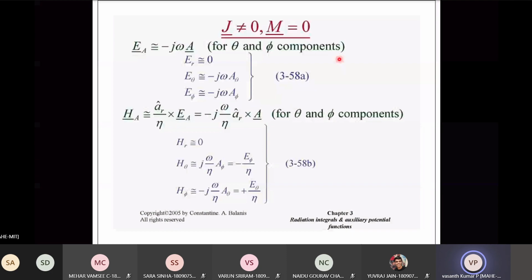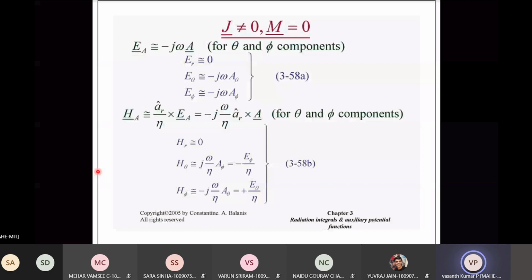Okay. So HA is given by this expression. How can you find out HA? Curl of E is equal to, curl of HA is equal to, what is the equation for HA?